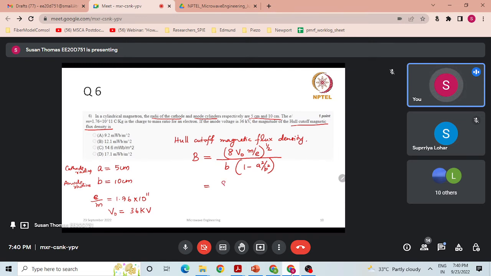So just a substitution: 8 into 36 kilovolts, so into 10 power 3, into 1 divided by 1.76 into 10 power 11, and the whole thing raised to half, divided by b. The b value is 10 centimeters, so I can write it as 0.1, into (1 minus a by b) the whole square. a by b is basically 0.5, so 0.5 square.